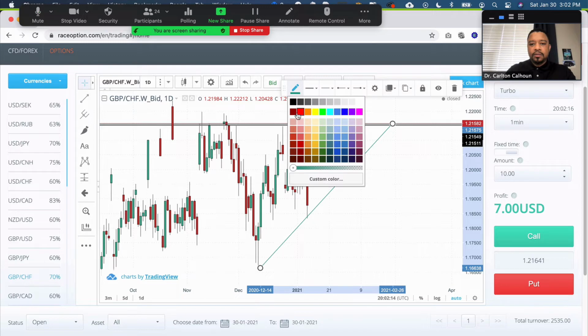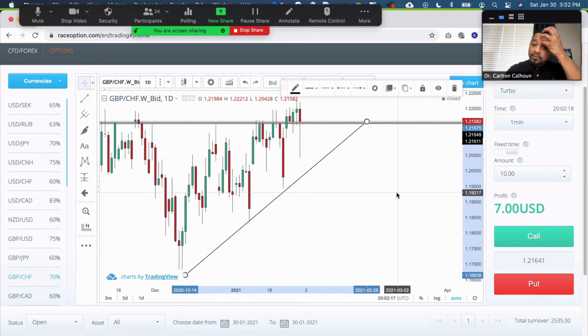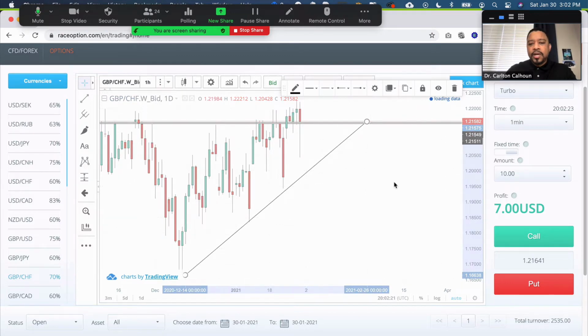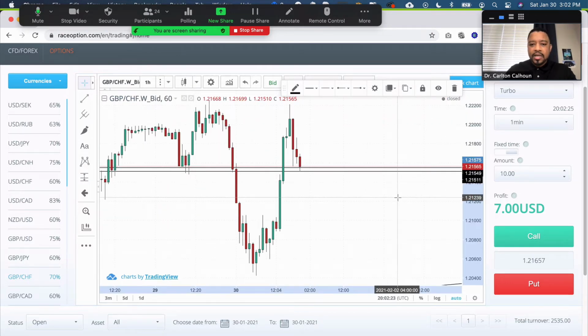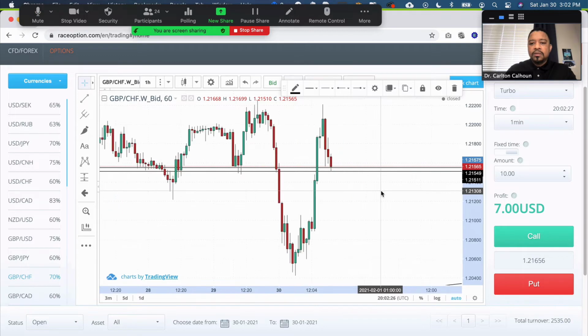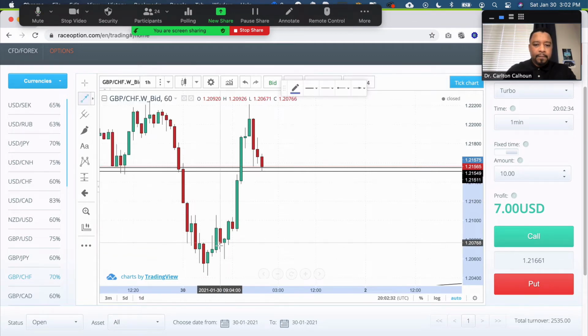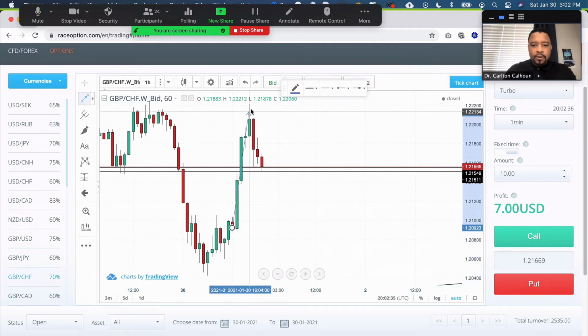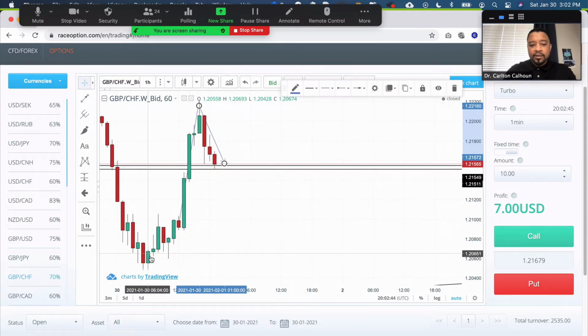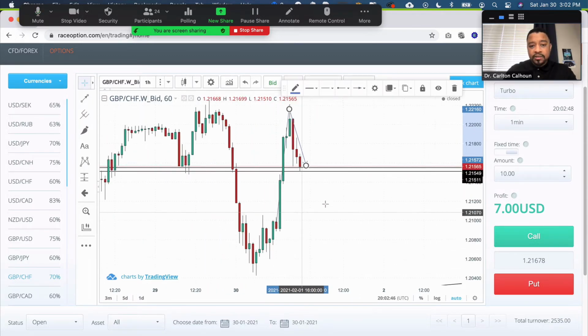Let's make that black. So we have an uptrend on the daily. Generally, I don't go as far as the day in binary options. Highest I go is an hour. So on the hourly chart, you still had an uptrend. Big one. But now it's in a downtrend or a pullback based on the overall direction.